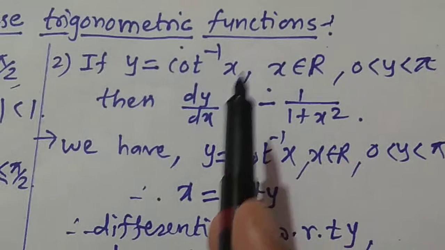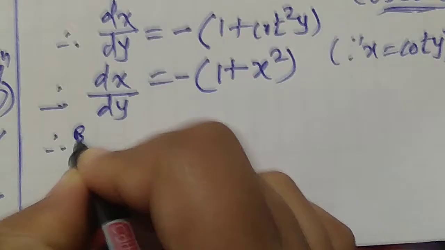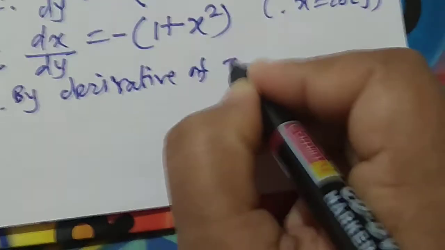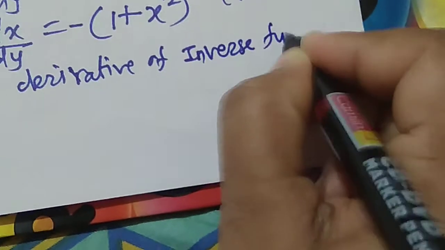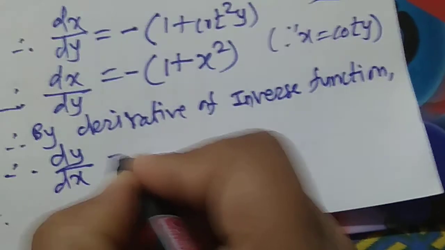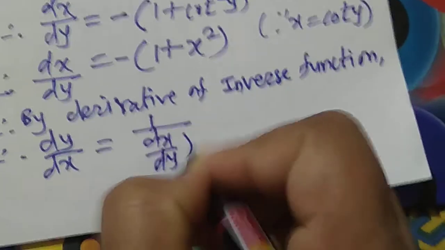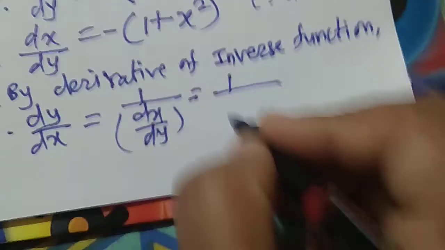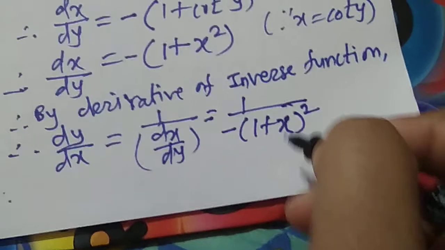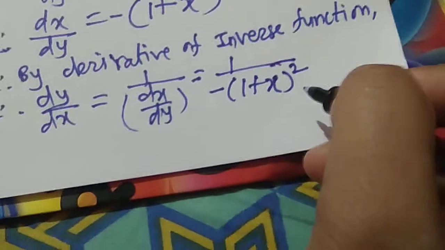Now we have to find the derivative of the given function y is equal to cot inverse of x by using the derivative of inverse function. Therefore, by derivative of inverse function, we get dy by dx is equal to 1 upon dx upon dy, is equal to 1 upon, here we have to put the value of dx upon dy, minus 1 upon 1 plus x square, or 1 upon minus in bracket 1 plus x square.